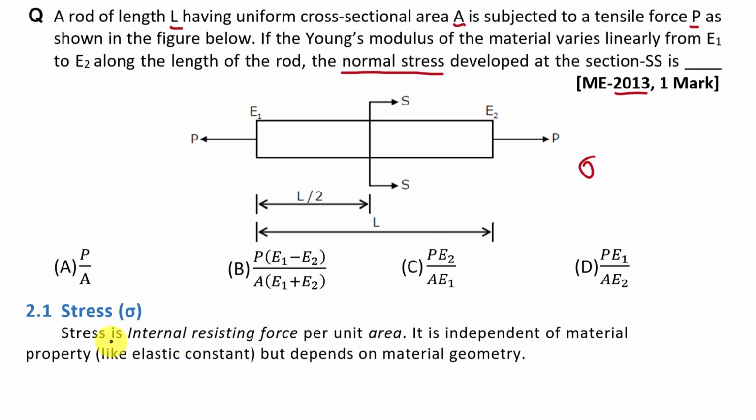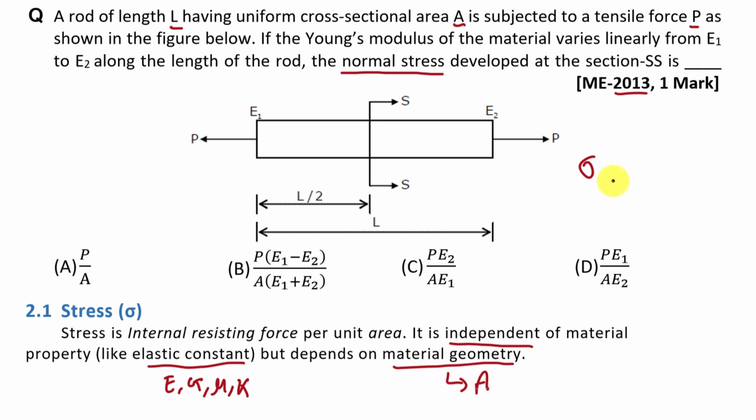In the theory part we have discussed that stress is internal resisting force per unit area, and it is independent of material property like elastic constant. And we know that elastic constants are E, G, mu and K. But it depends on material geometry, means it depends on area.